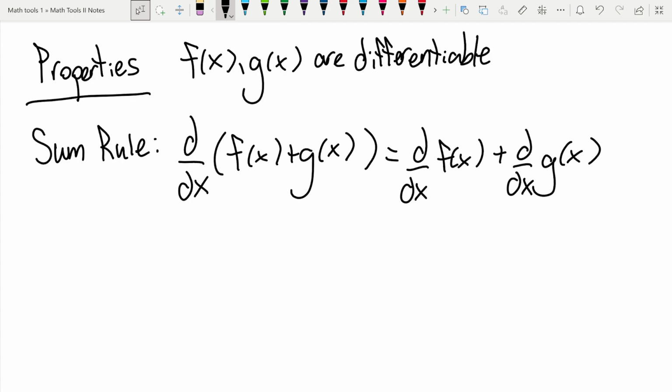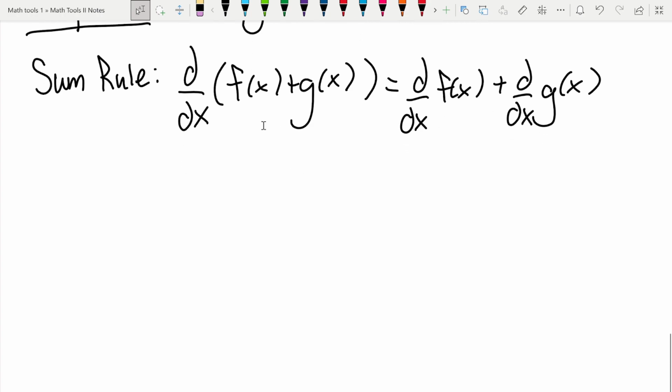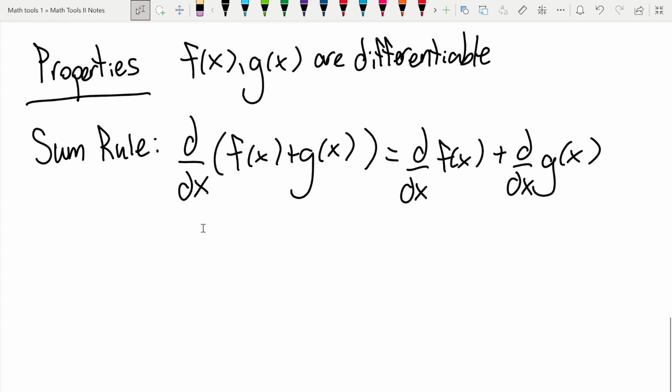So we'll prove this first one. The rest of them are pretty much the exact same in a proof, so we'll just prove this one. Okay. So the limit as h approaches 0 of f of x plus g of x.